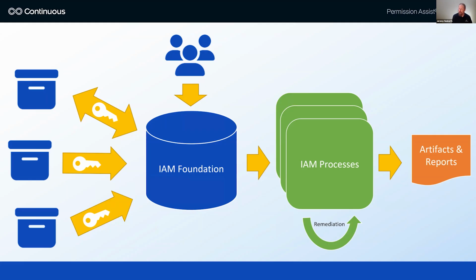Now, when we're sourcing that information from those third parties into Permission Assist, we also are organizing that information or transforming it into our security model so that we can unify what that access looks like across these various different systems. We're also going to bring in these things that we call identities.